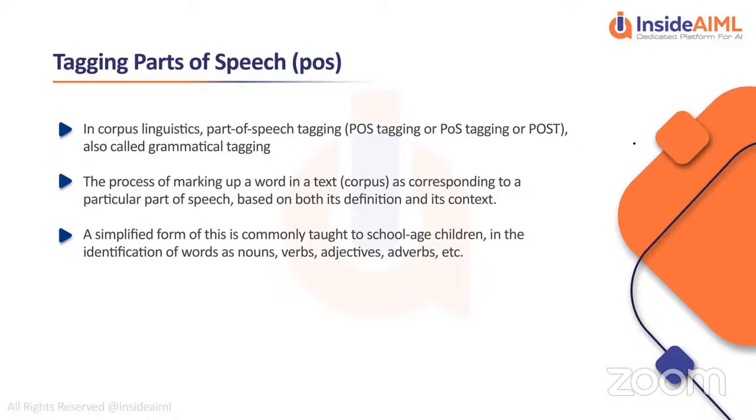Now, what is the thing here? While we tried to learn the English language, it was very necessary for us to learn its grammar. If we don't know the grammar of that particular language, we will not be able to speak.